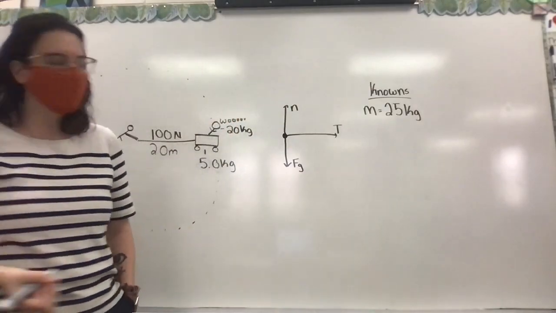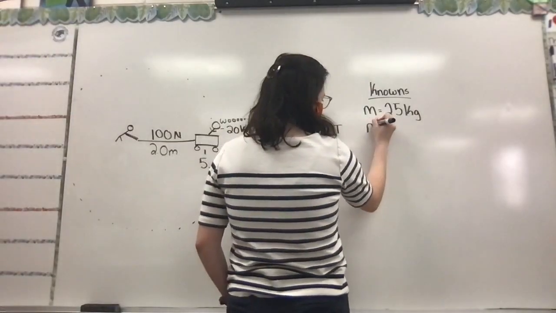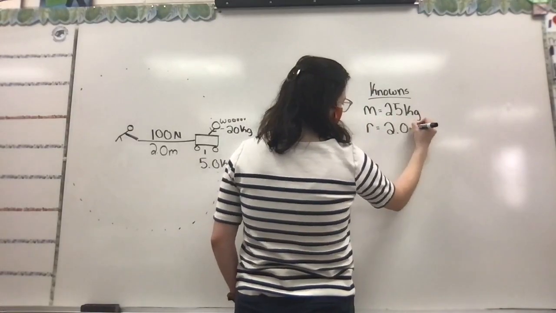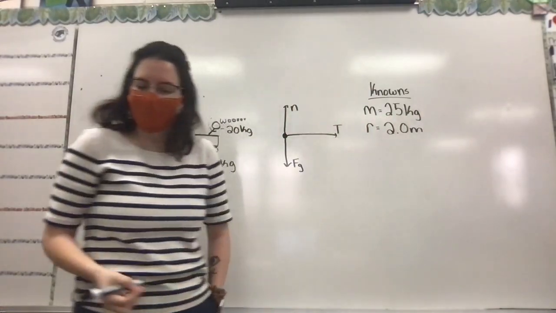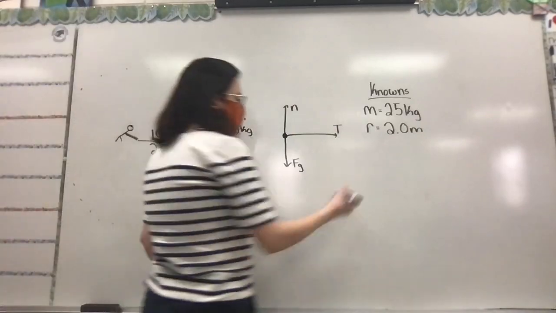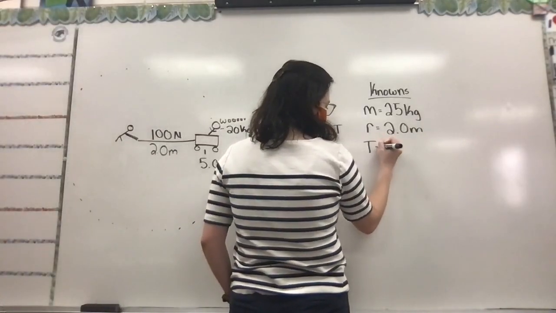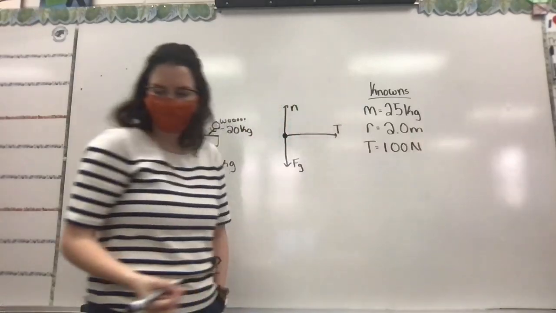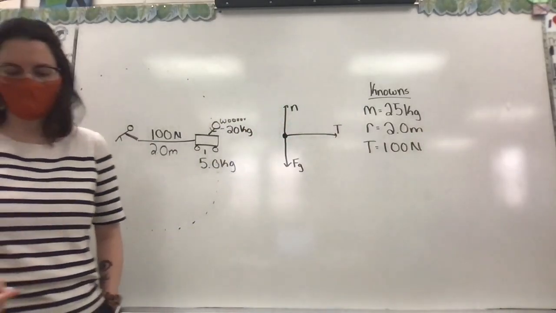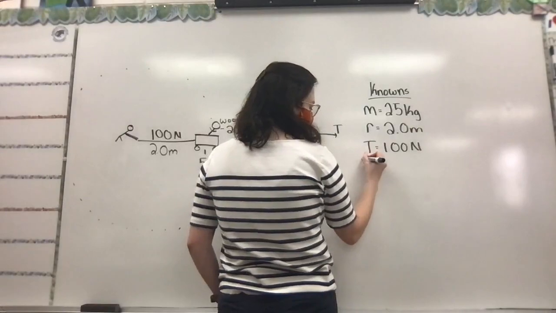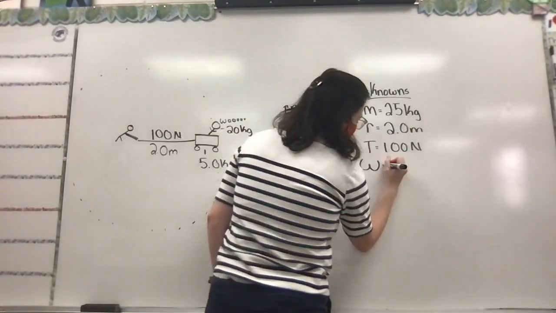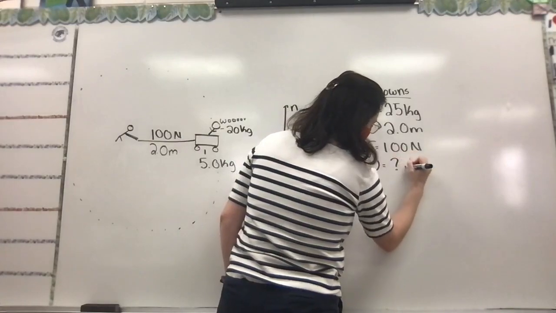All right, what is our radius of this circle? 2.0 meters. And then what is the tension here? 100 newtons. What were we asked to find? Revolutions per minute. So that's going to be omega, or angular velocity.